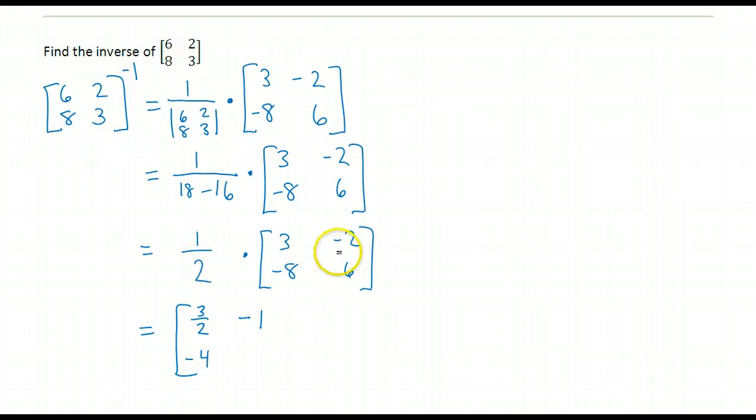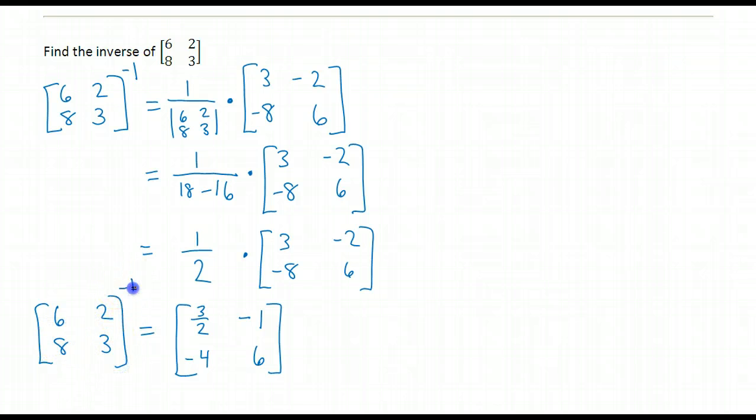And 1/2 times 6 is 3. So the inverse of 6, 2, 8, 3 is 3 halves, -1, -4, 3.